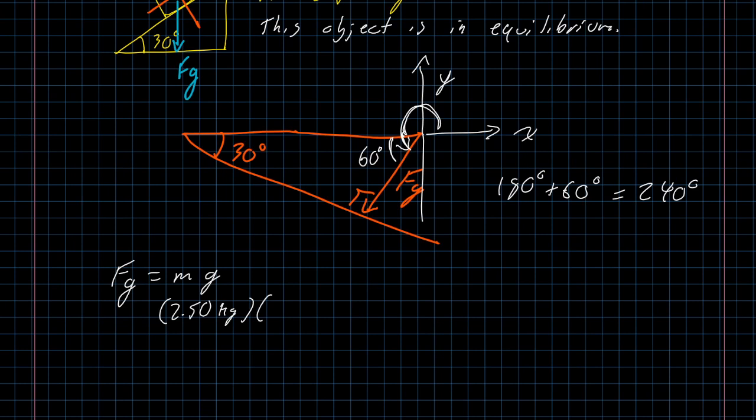Gravity, we know, is always 9.80 meters per square second. And when I multiply those things together, I get 24.5 newtons.